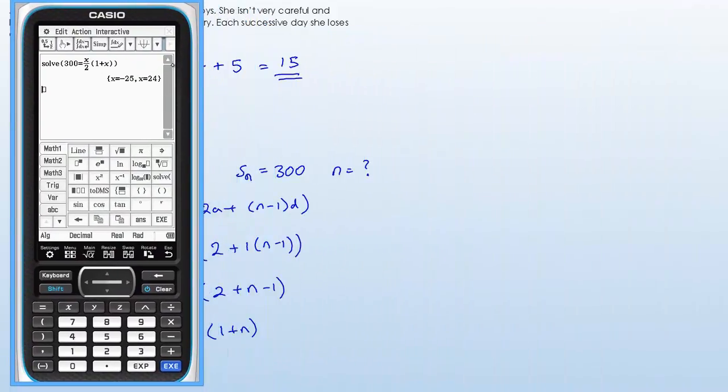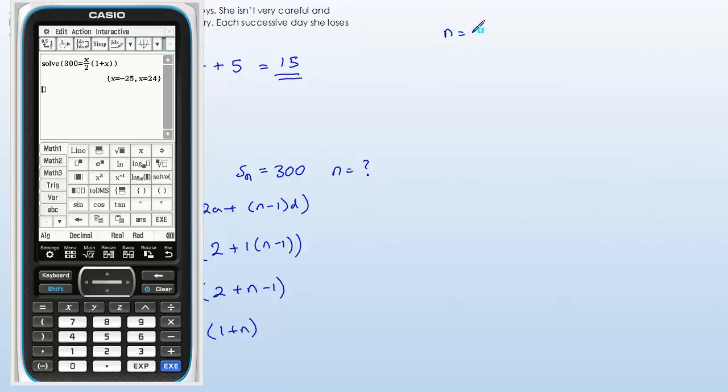Now remember I used x instead of n here, so I've got n is equal to negative 25 and n is equal to 24. Well, we know that n is a number of days from when the toys were delivered, so it can't be a negative number, so we must have n is 24, so it takes 24 days.